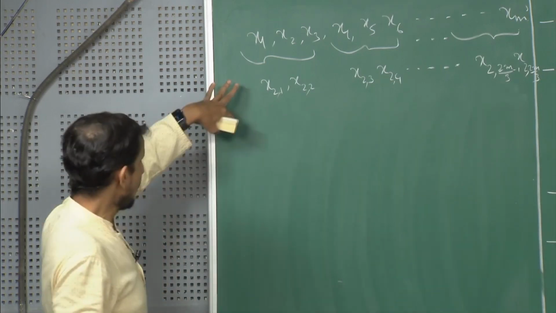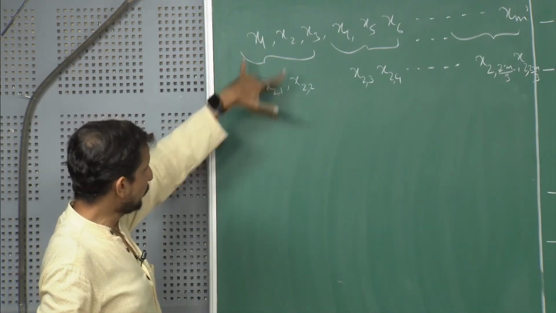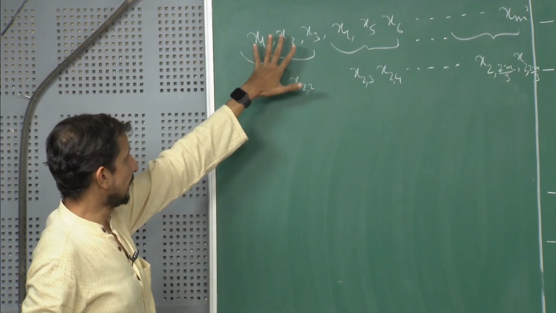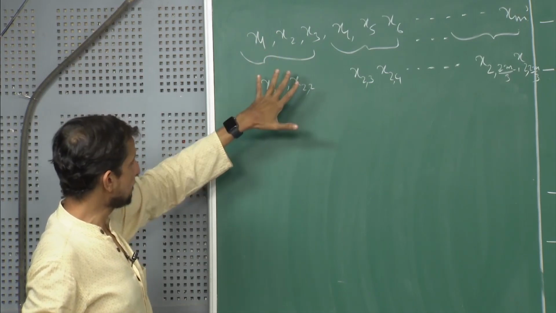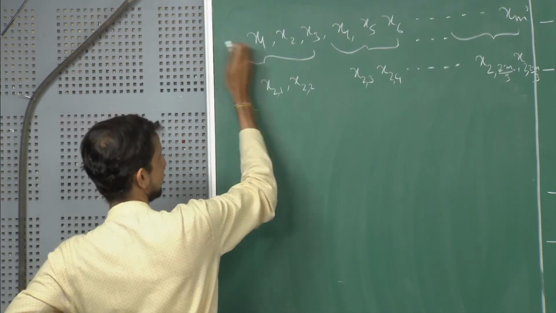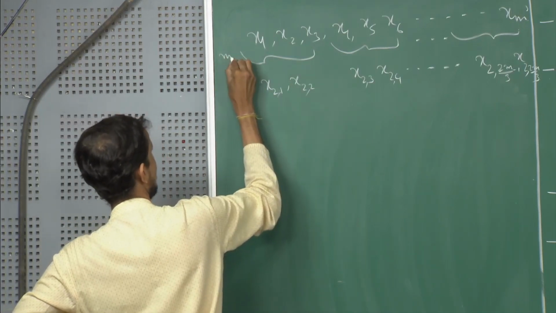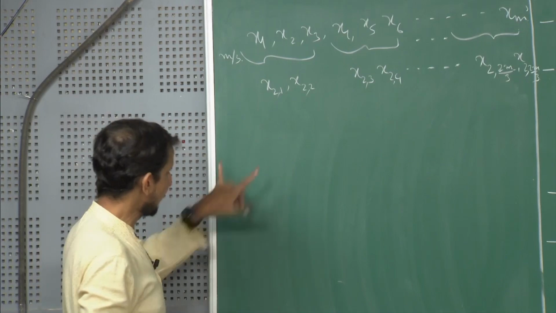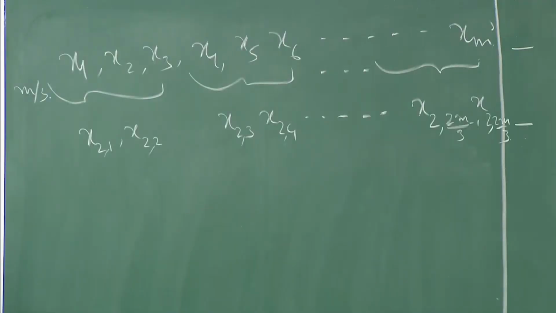Basically we are doing some m by 3 additions here. Again here we will club them into groups of 3 and so on.